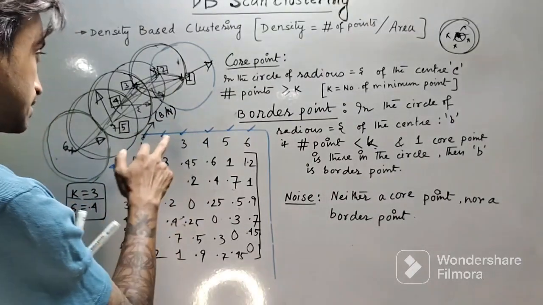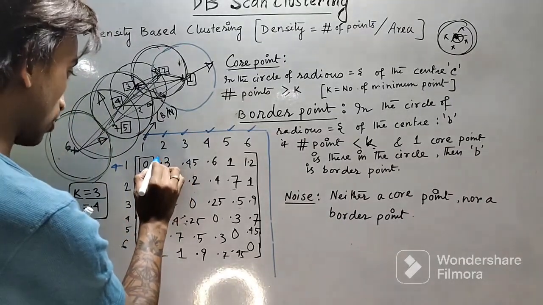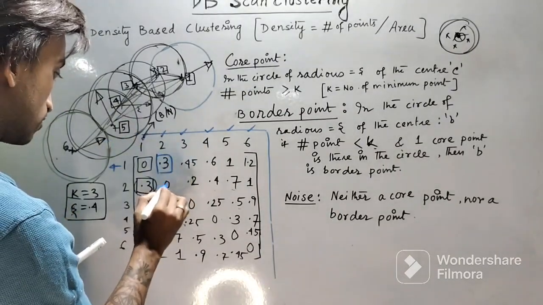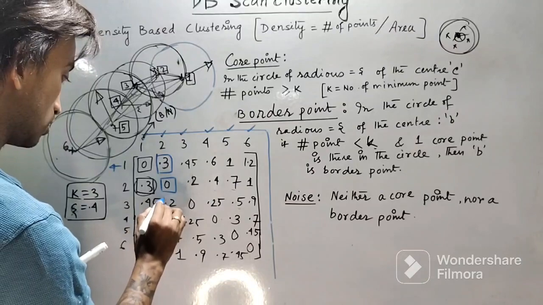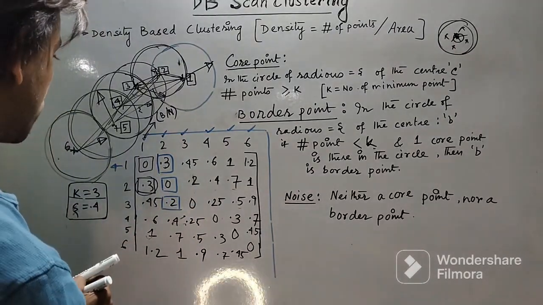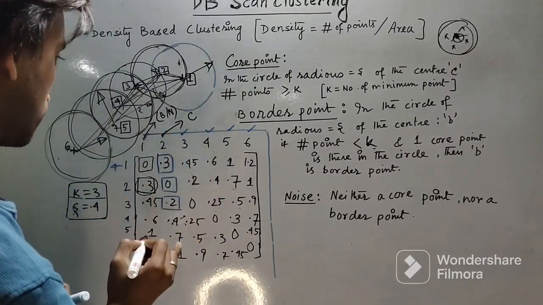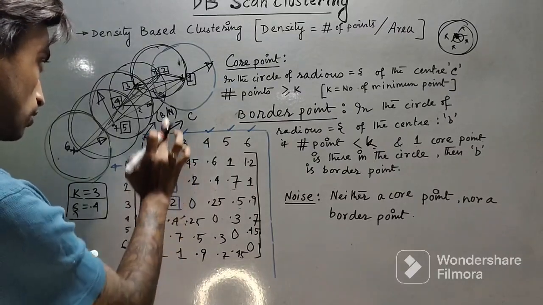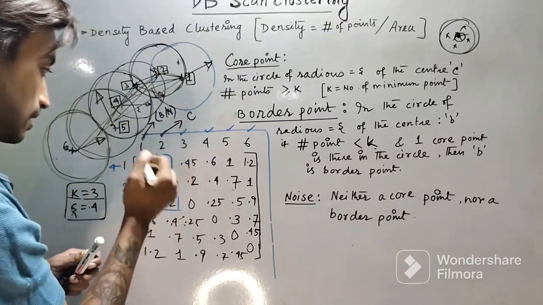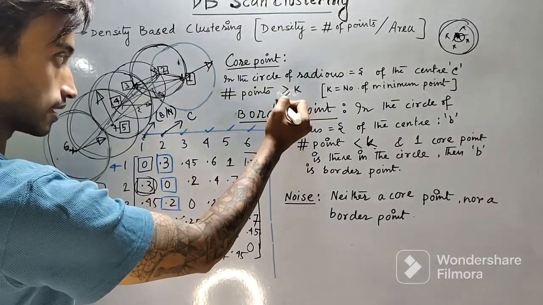Okay. So let's focus on this particular point, that is 2. How many values are there? 0.3 is less than 0.4, 0 is less than 0.4, 0.2 is less than 0.4. So that is a core point, because the number of points in this particular circle is greater than or equal to 3.